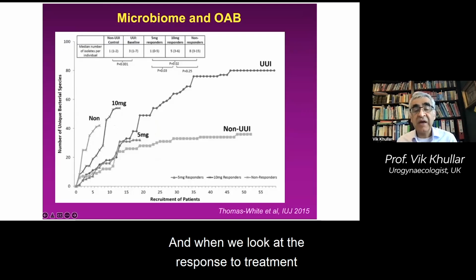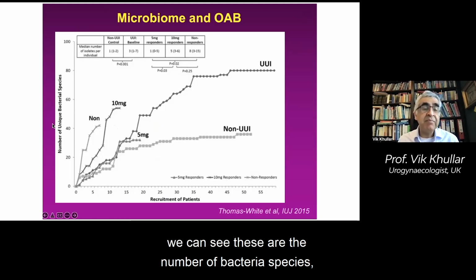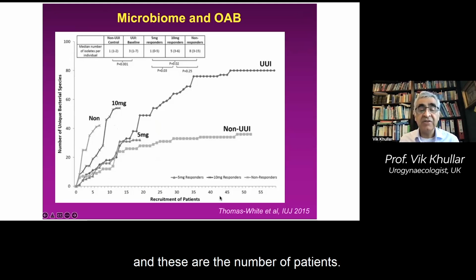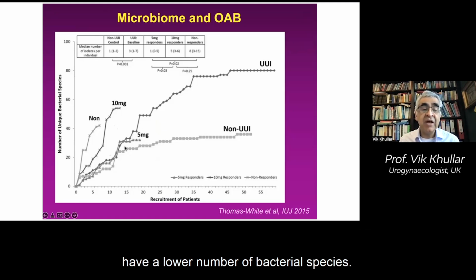And when we look at the response to treatment for overactive bladder, these are the number of bacteria species found on the urinary sample using a catheter, and these are the number of patients. We can see how the women who responded to drug treatment at a lower dose have a lower number of bacterial species.